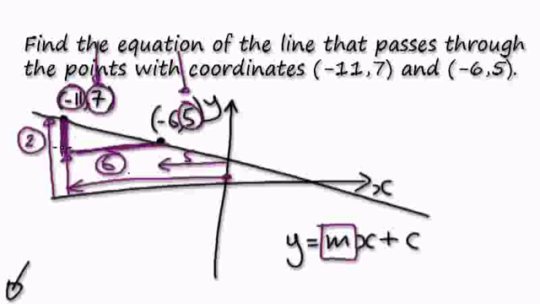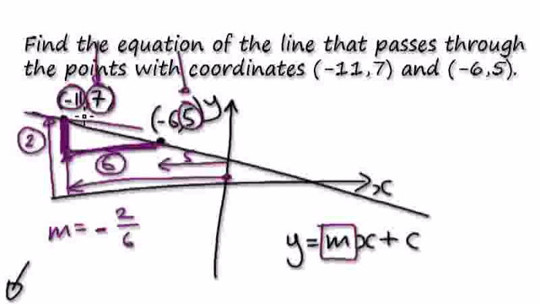Now for the gradient, the other thing to remember is that it's going downhill, so it will be a negative gradient. The gradient is always height divided by the width, and because it's going downhill, we stick a minus in there.